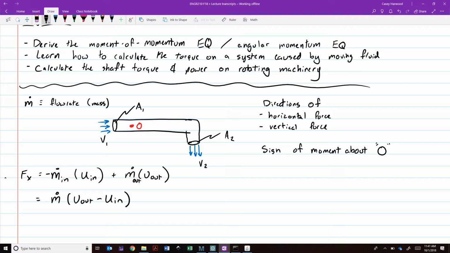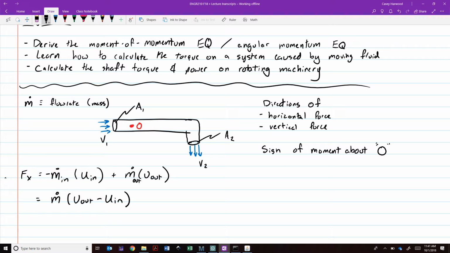As I tried to point out on Wednesday, think about the velocities inside your Reynolds transport theorem. They're velocities, but they're really the amount of momentum per unit mass. So you've got mass flow rate and a difference in momentum per unit mass.